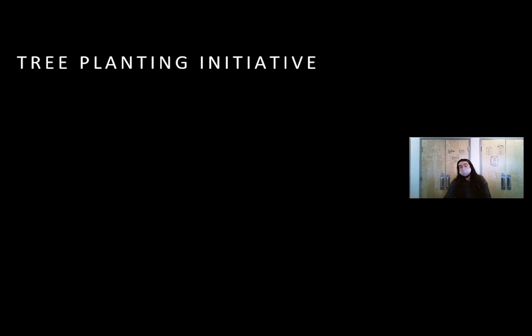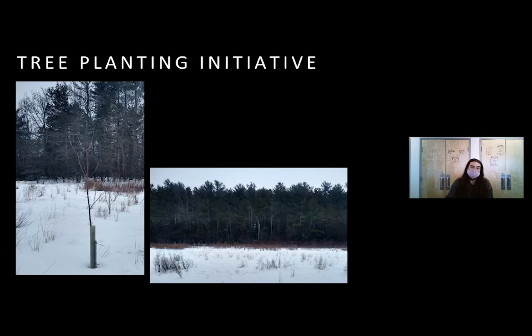Cool. So the tree planting initiative for this meadow is pretty cool. Here we see a red maple in one of these tubes. These tubes actually prevent predation by deer and rabbits and small little guys that will nibble on the buds when the tree is young and prevent it from growing up. And the goals for this tree planting initiative are wetland rehabilitation.